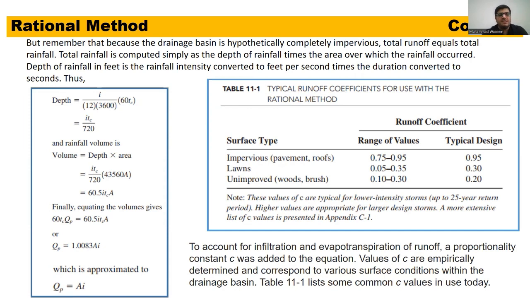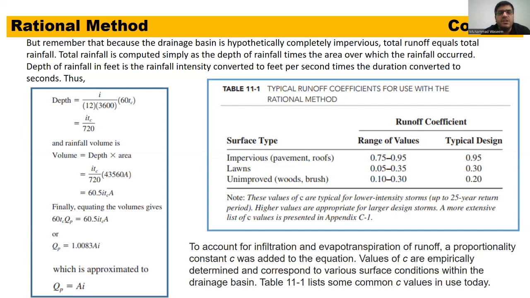So we'll get the volume as 60.5 I Tc into A. And then we will finally equate both of these volumes: the volume we estimated in the last slide and the volume estimated here, which is 60.5 I Tc A. So we compare both of these volumes, and then we find QP as 1.0083 AI, which is nearly equal to, or we can consider it as equal to, QP equals AI. But this is for impervious catchments, not for pervious catchments.